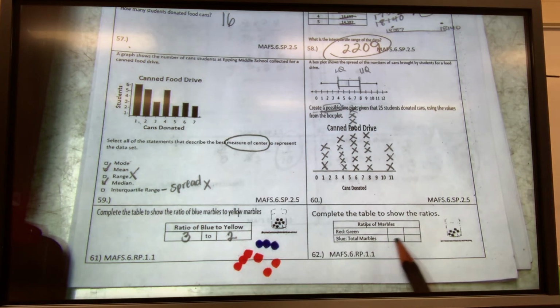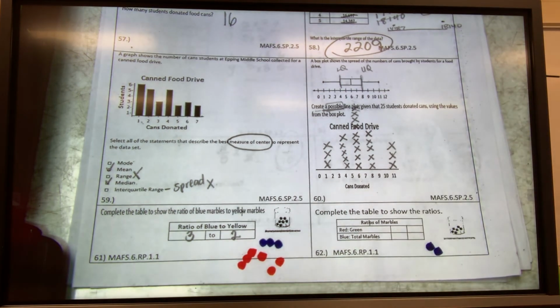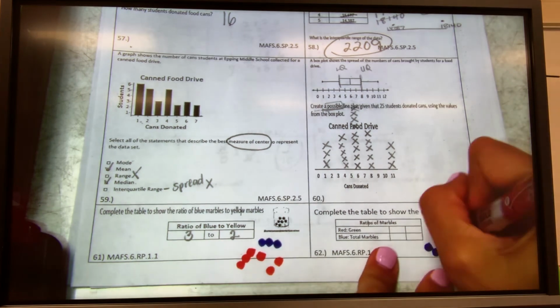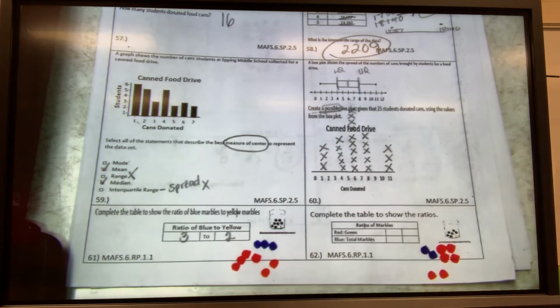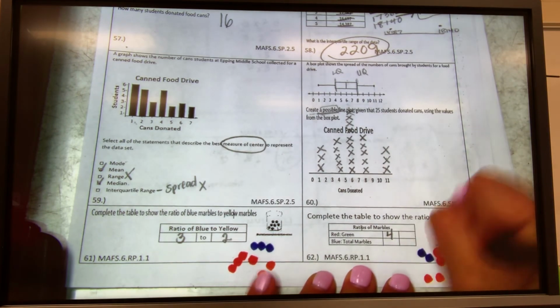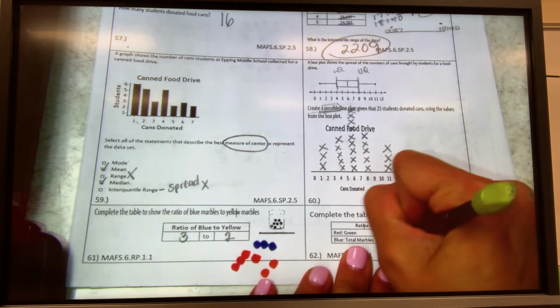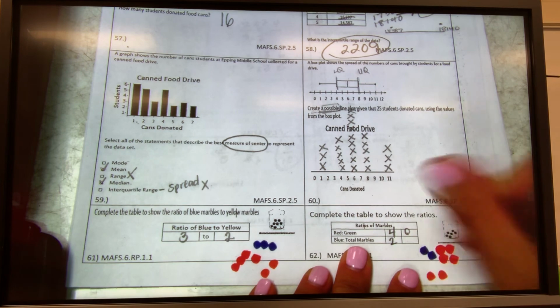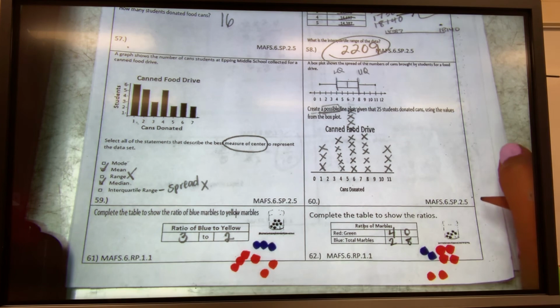Now look at this one. This is what's interesting. Blue, same thing. Red, orange. Yellow. Okay, which is our orange. So red. Red is 4. Green. There are no green, so you have to put 0. Blue. 2. Total. 1, 2, 3, 4, 5, 6, 7, 8. 8. Yeah, 8. Okay.